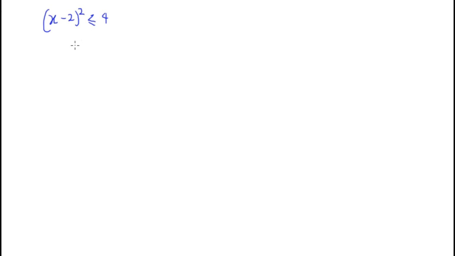Now, anytime you have a square, you have to be very careful because of what it actually means. Let's say you have x squared equal to a particular value, let's say y. It means that either the positive value of x is being squared, you will have y, or if you have the negative values of x, if you square it as well, you will still have y.